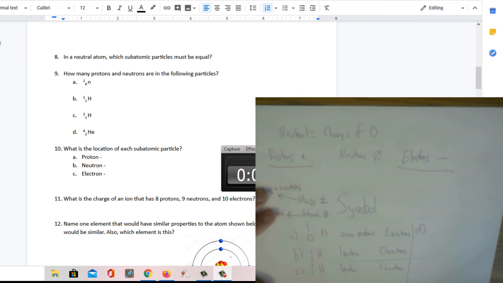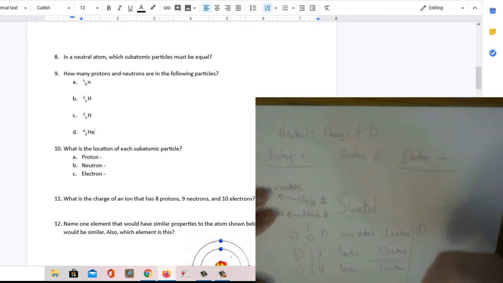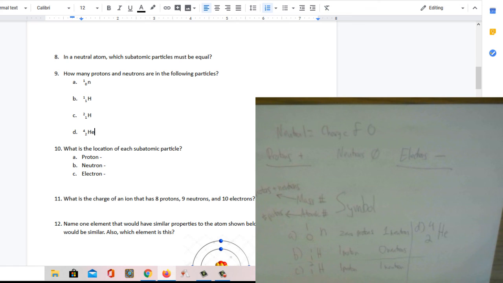Okay. So for that last one there, we have 4 for mass, 2 for atomic number, and helium's symbol, He, tells us the element. And we're trying to find out the number of protons and neutrons. Its mass is 4, so that means the total between protons and neutrons is 4.